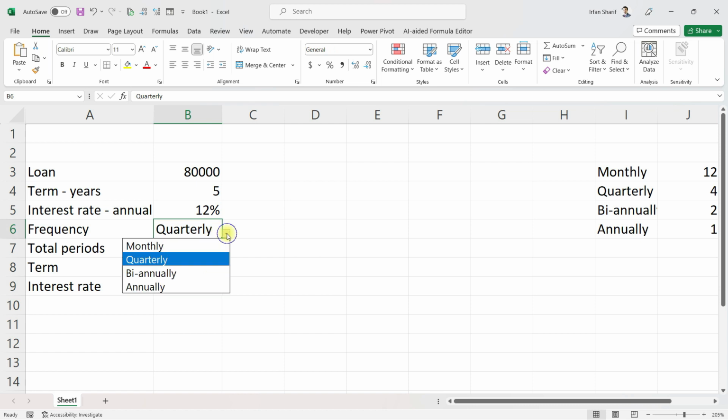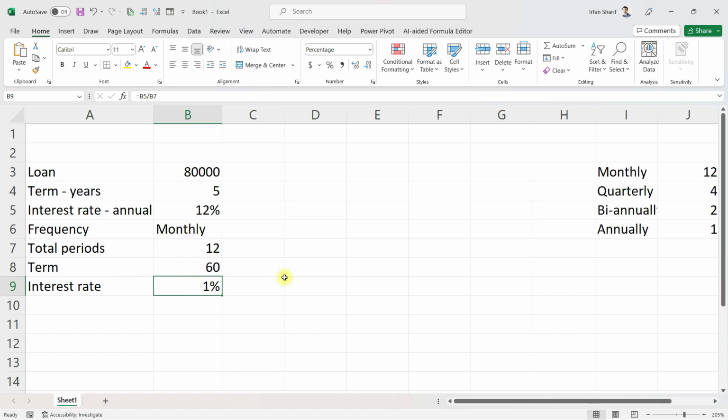Just to show that again, if I change it to monthly, you can see that the interest rate we are going to feed into the calculations is 1%. This is because the frequency is monthly, which means that if the interest rate is 12% for the year, the calculations should use 1% because we are working on a monthly basis. And similarly, the term has also been updated accordingly.